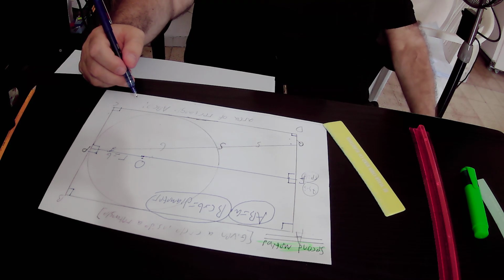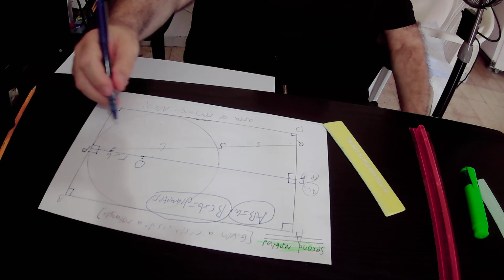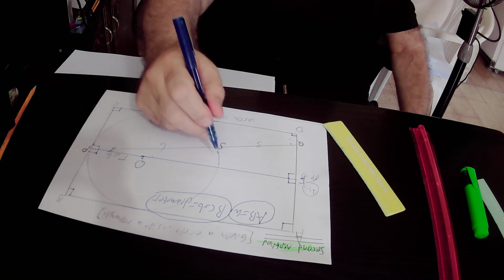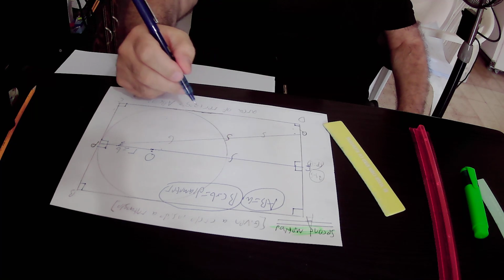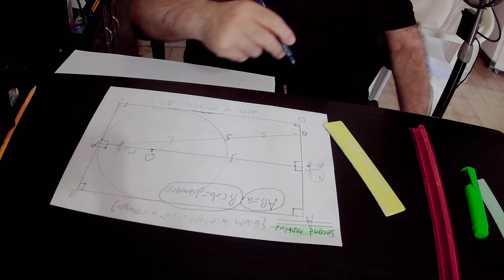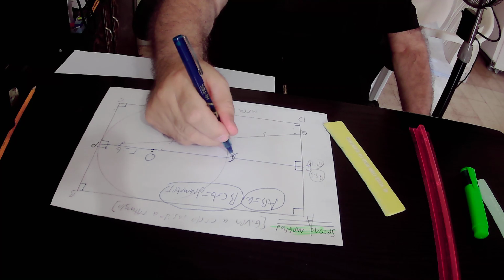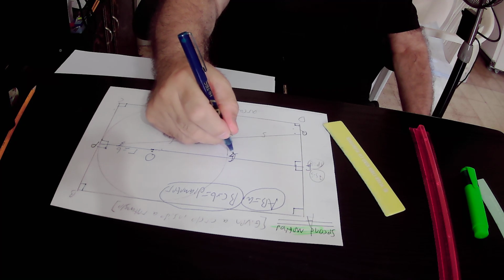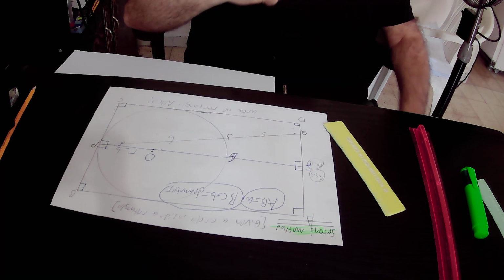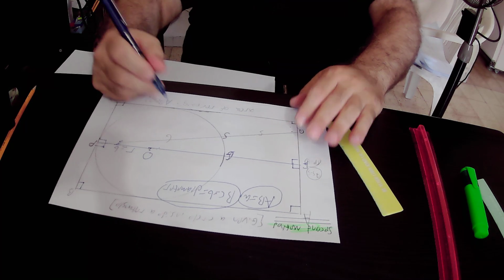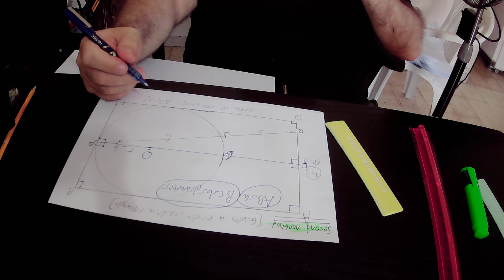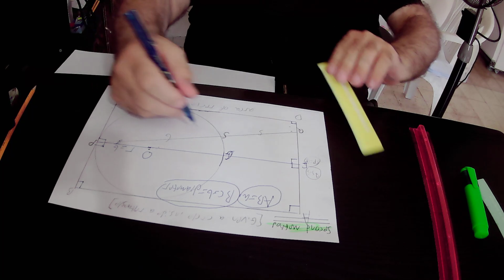We define the touching point of the extended radius PO and the circle as point G. Here we join points G and S together by a straight line.